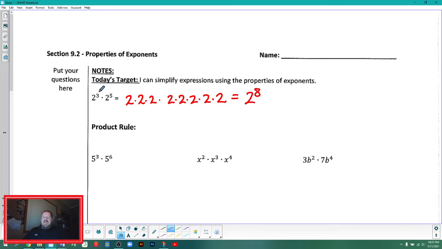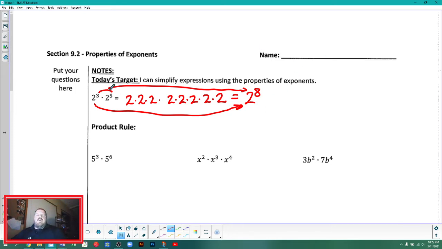Well, the question is, how do I use 3 and 5 together to give me 8? Obviously, the 2 has stayed, but the two 2's became 1, 2. So how do I combine the 3 and the 5 and get 8? There's multiple ways. But the most basic way is that I add those two.